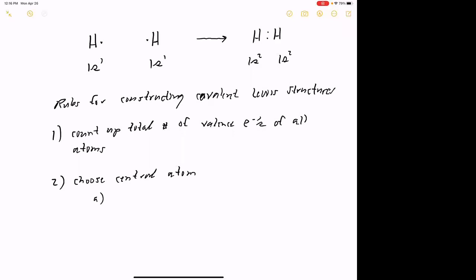First of all, it's going to be the most metallic or metal-like atom. Okay, so it's the one that's closest to the metals generally in the periodic table. So in other words, if I'm looking at the nonmetals, it's generally going to be the one that's furthest to the left. Okay, the second thing is it can never be hydrogen.